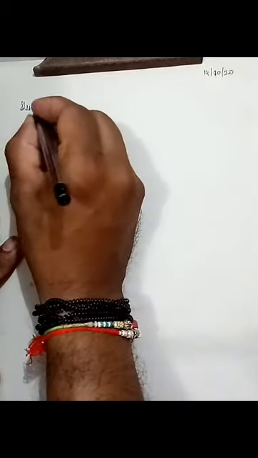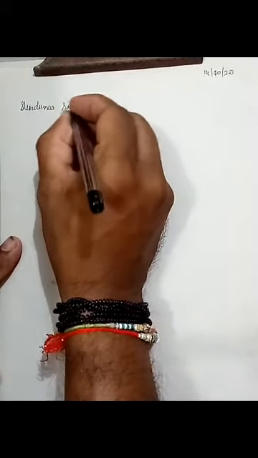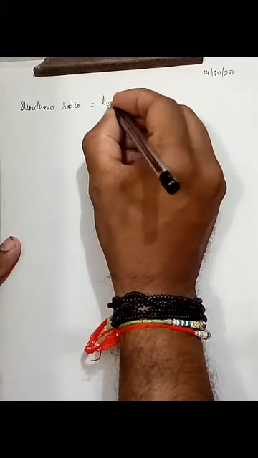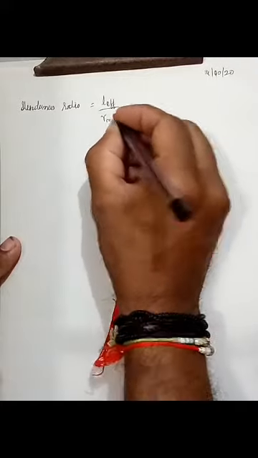So now slenderness ratio is equal to effective length L by r minimum.